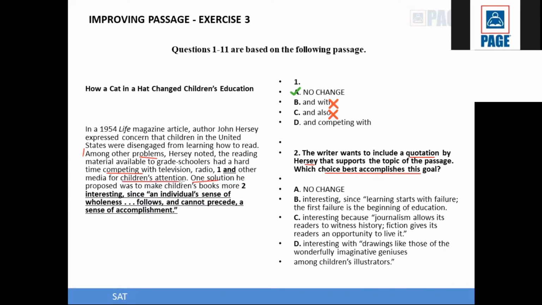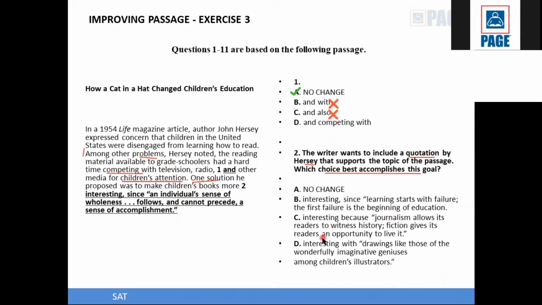They talk about children's attention. So the answer should be related to children. So we can go with no change. "Interesting, since learning starts with failure." Did they speak about failure in the previous sentence? No. If there was failure, we could go with B.